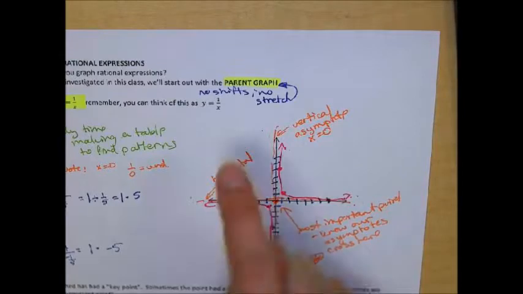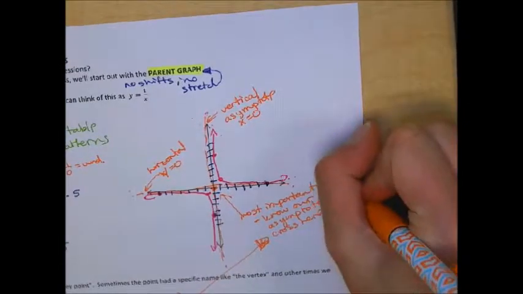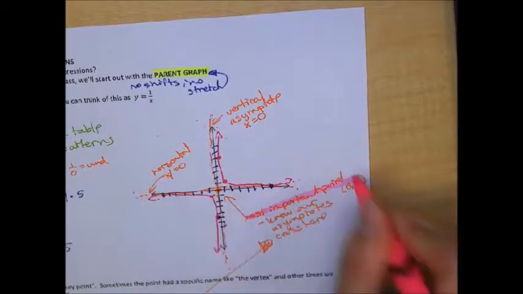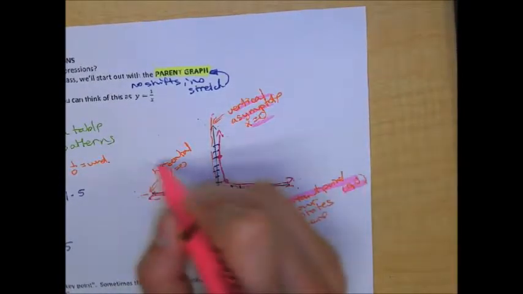We're going to use these key ideas. So key ideas, most important point, (0, 0). Vertical asymptote and horizontal. And that's what we're going to be shifting around.